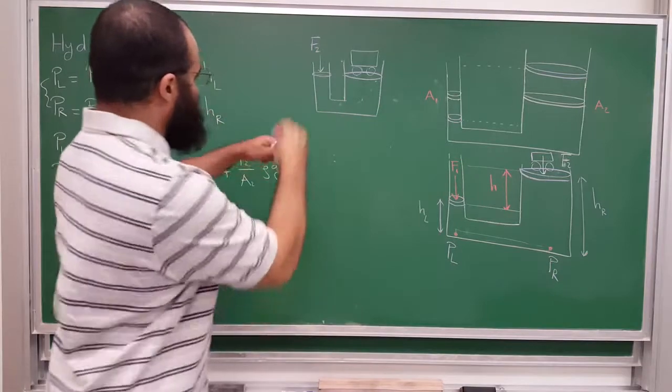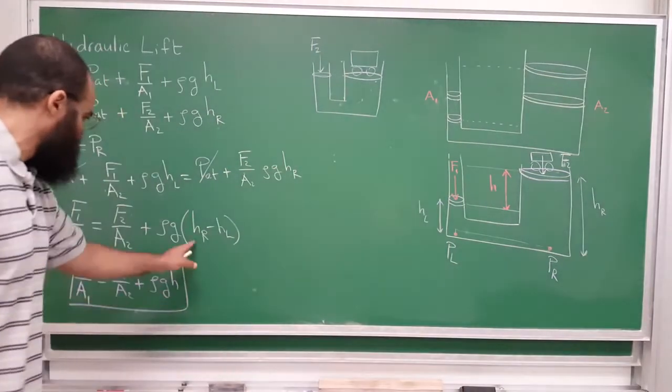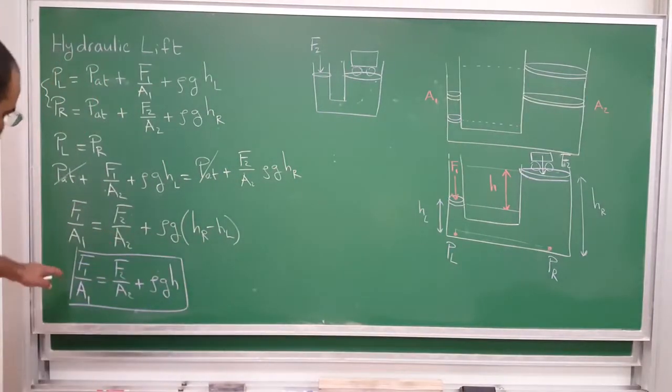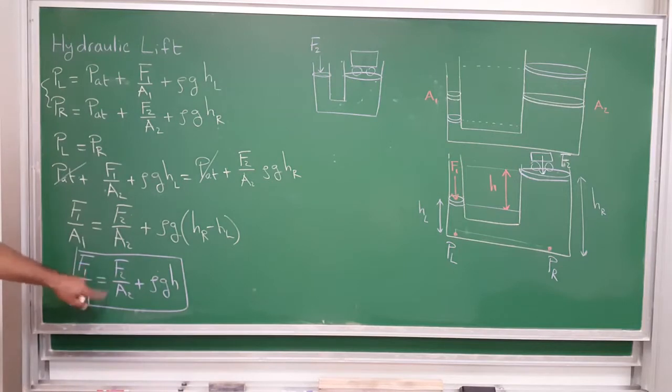F2. If they are at the same level, then H is 0. There is no difference in height. In that case, F1 over A1 will equal F2 over A2. And F1 will be much smaller.